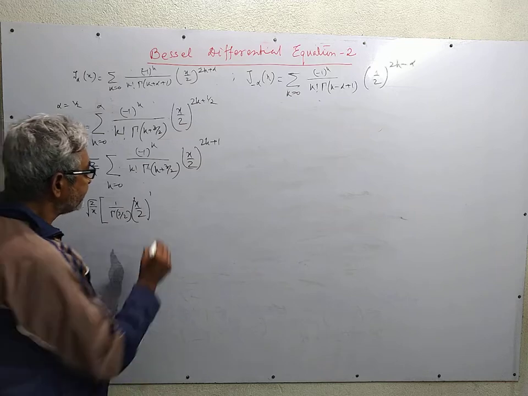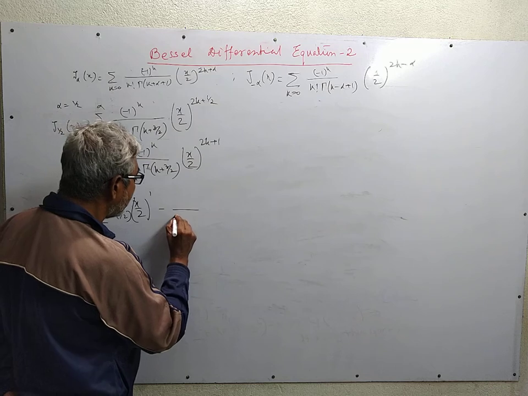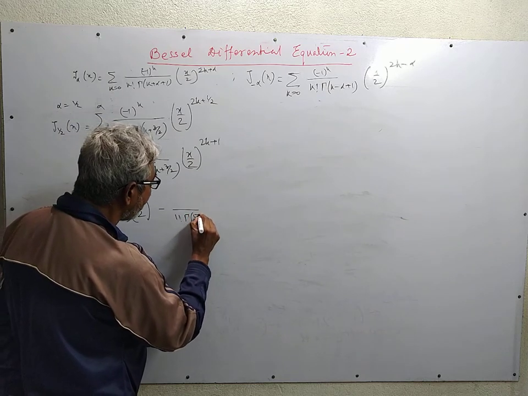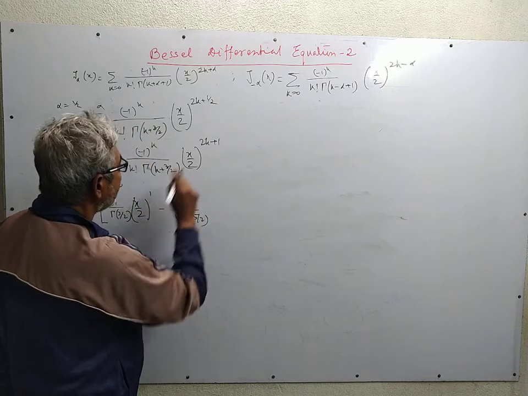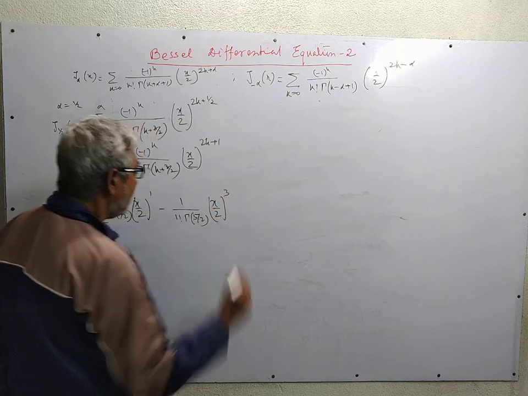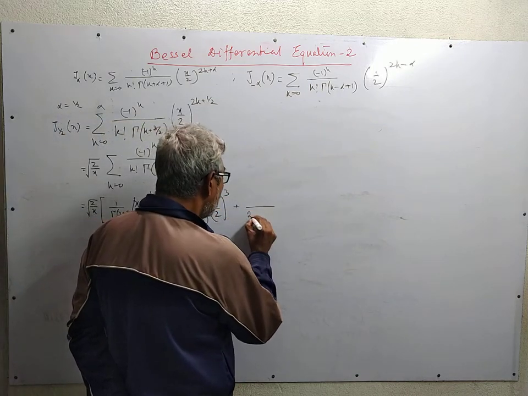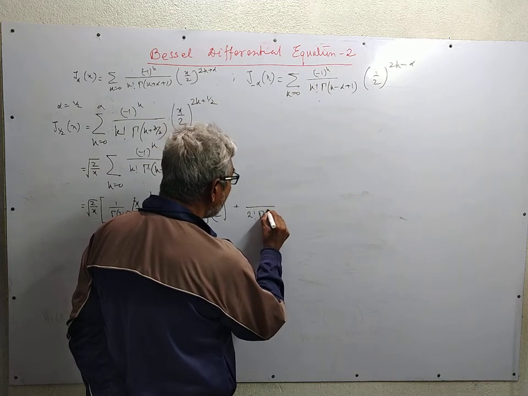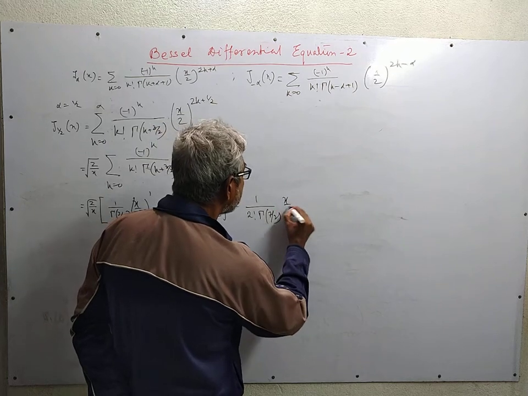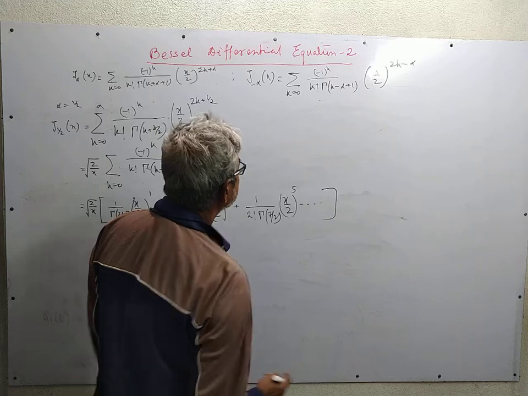The next term comes with the minus sign, and here we have 1 factorial times gamma of 5 by 2, and this is x by 2 cube. The next term is with plus sign, 2 factorial gamma of 7 by 2, and then we have x by 2 to the power 5, and these terms.